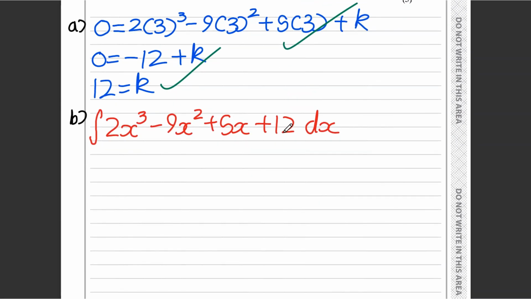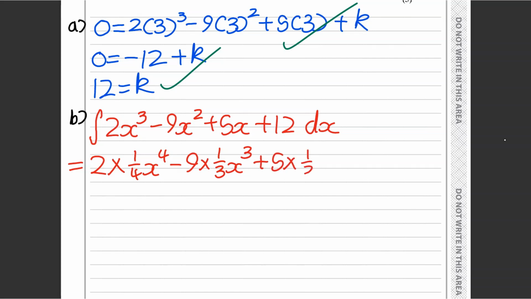Okay, so if we integrate this, this is going to be equal to 2, and then if you integrate x to the power of 3, this is equal to 1 over 4 x to the power of 4, and then it's minus 9 multiplied by, and if you integrate x squared, this is equal to 1 over 3 x to the power of 3, and then it's plus 5 multiplied by, if you integrate x, it is equal to half x squared, and then plus, if you integrate 12, it's going to be 12x, and then remember the plus c on the end.